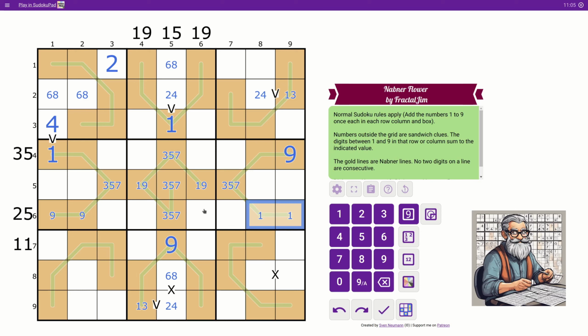Well, we do have... hold on a sec. Those are 2, 4, 6 and 8, which is 20. I see, so those are 20 by themselves. So that's it. It has to be 9, 1, 20, and this is a 5, because that's the only way, right?